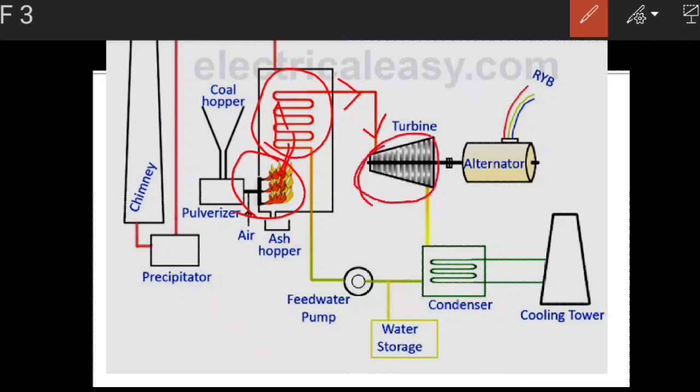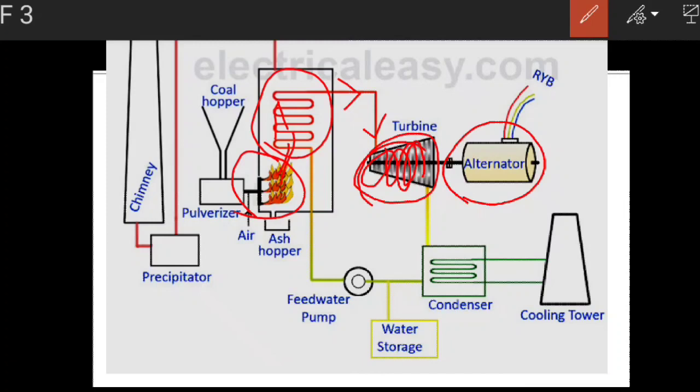In this turbine the vapor expands and its velocity increases, and because of this high velocity the blades of the turbine start rotating at very high speed. As the shaft is coupled with the alternator, the alternator also starts rotating and electricity is produced.